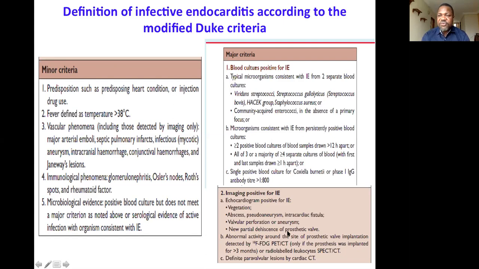So there are those typical abnormalities that you are able to detect by doing echocardiogram. So those are the 2 major criteria.